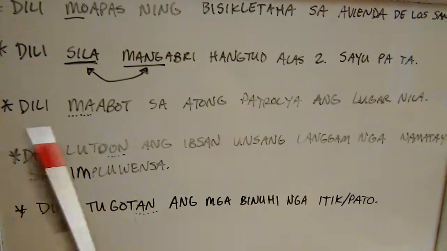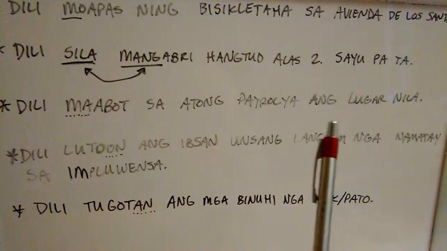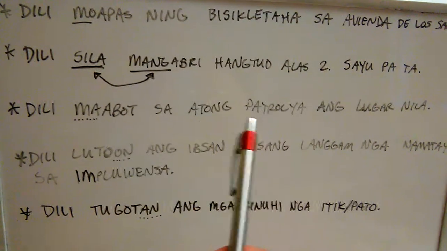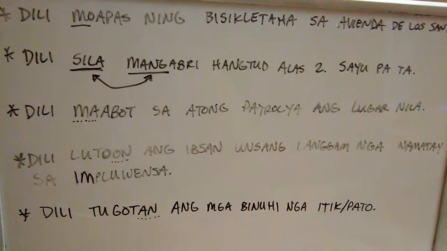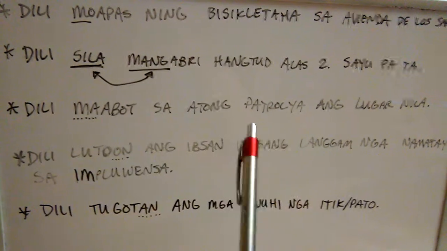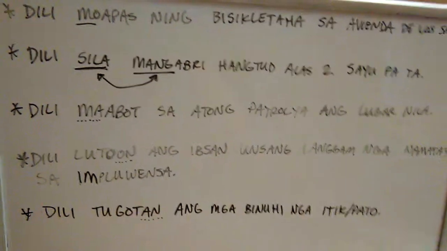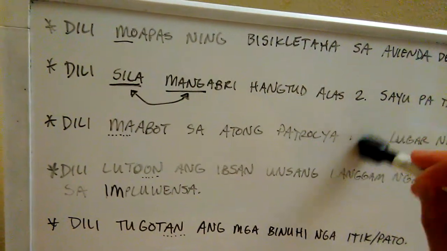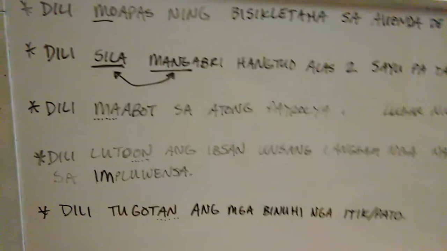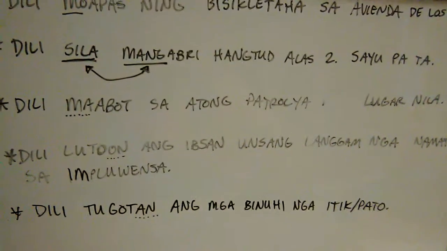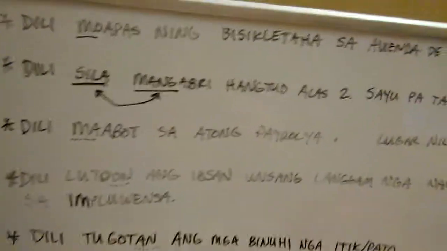Next one we have dili maabot ang atong patrolya ang lugar, dili maabot sa atong patrolya ang lugar nila. There you go. So dili maabot sa atong patrolya. This actually should be sa. That's what I was missing. It should be sa. Let me write that down.